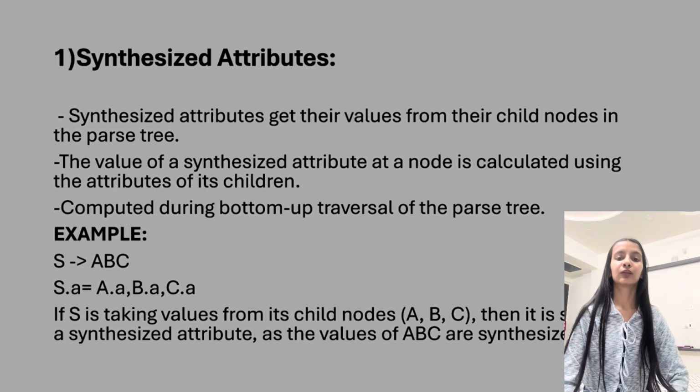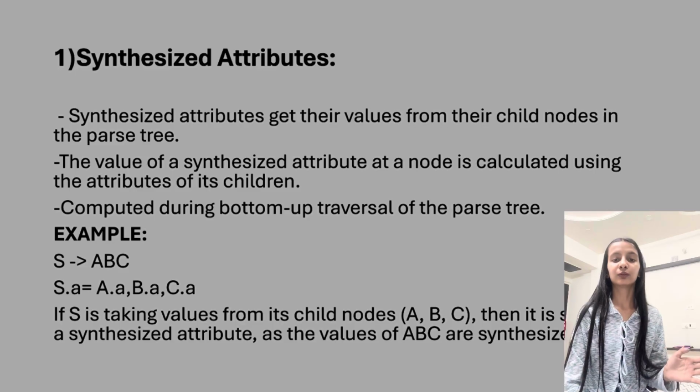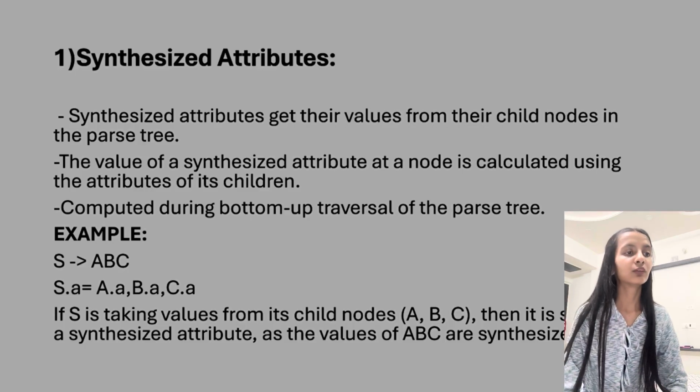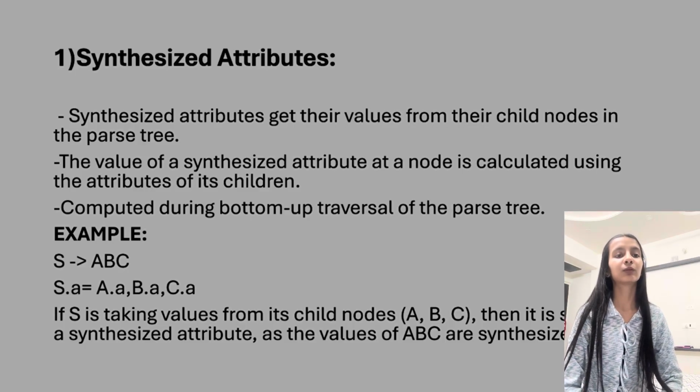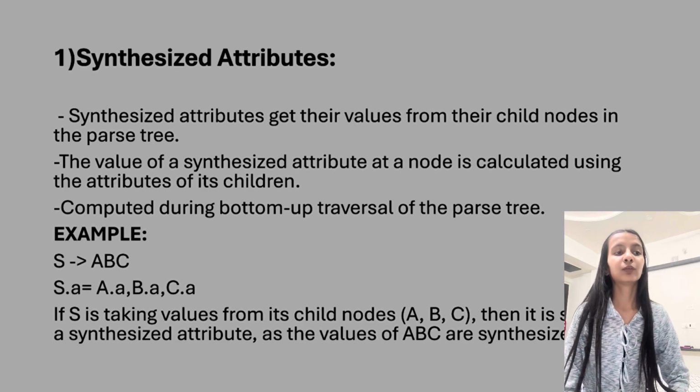Synthesized attributes get their values from their child nodes in the parse tree. The value of a synthesized attribute at a node is calculated using the attributes of its children. It is computed during bottom-up traversal of the parse tree.